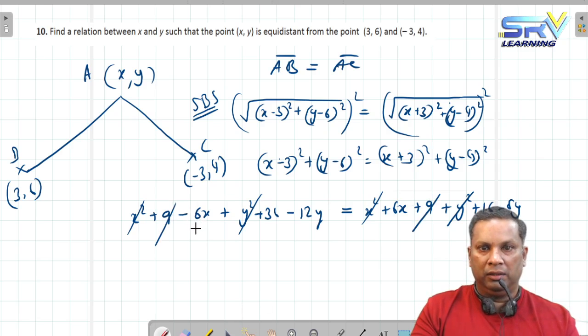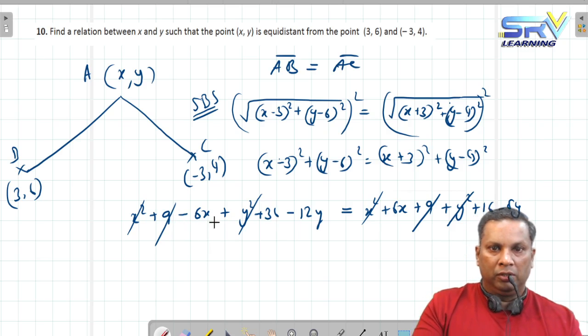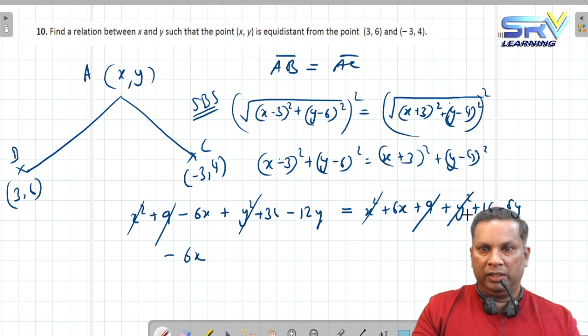And 36. Okay, we have something now. So let us bring all the x's on this side. So we have here minus 6x, and bring this x here. This also becomes minus 6x on the left side, right? And y is here. You have 6x gone to that side.